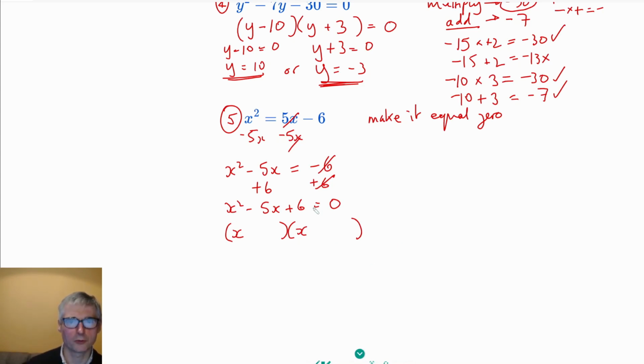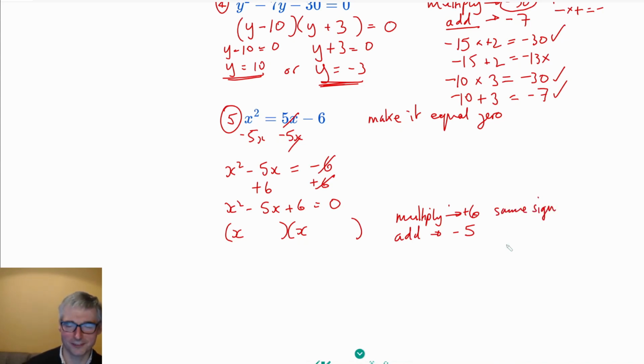And the two numbers that we've got to think of have got to multiply to make 6, and it's a positive 6 here, and they've got to add to make -5. So we can see from these two numbers that because this is actually a positive 6, we don't usually write a sign in front of it if it's positive, then it's going to be two numbers with the same sign. So that helps us.